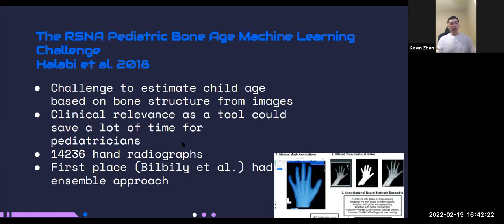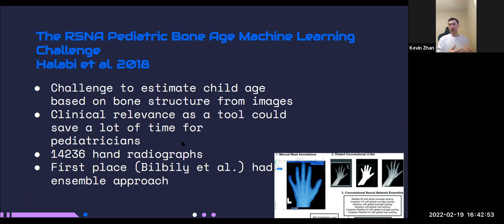The next thing is the RSNA Pediatric Bone Age Machine Learning Challenge. This was in 2018, and the challenge was to estimate child age based on bone structure from images. This had clinical relevance because it was a tool that could save a lot of time for pediatricians, as the normal process requires a lot of checking with diagrams and making sure.